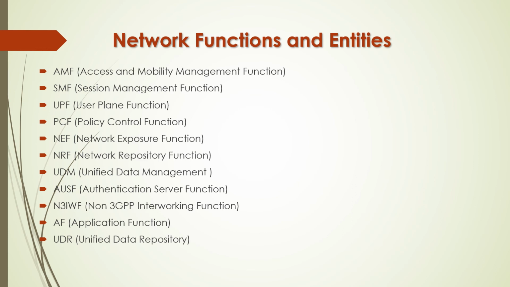Then we have the AF, the application function, for connecting voice applications like the IMS to our 5G network. Then we have the UDR, the Unified Data Repository, which holds subscription data, policy data, and all kinds of data.